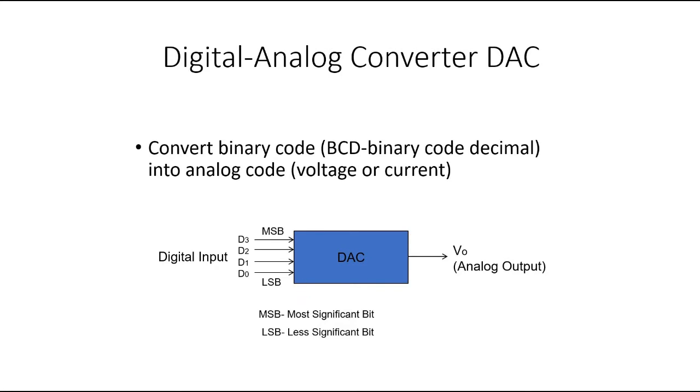Okay, so here we have D0, D1, D2, and D3. Okay, D0 is the least significant bit, and then D3 is the most significant bit. Okay, so they reflect, for example, 0, 0, 0, 1. Okay, 1 is the most significant bit, and 0 here is the least significant bit.